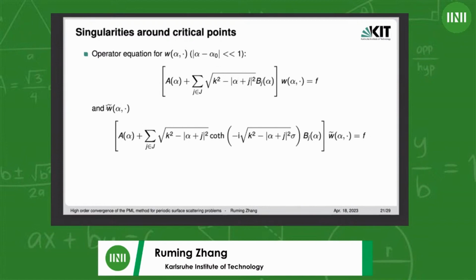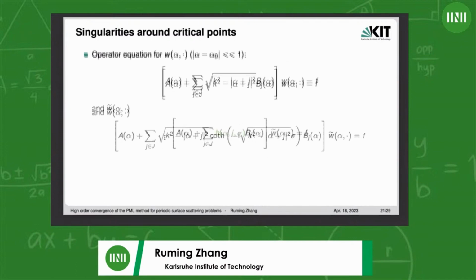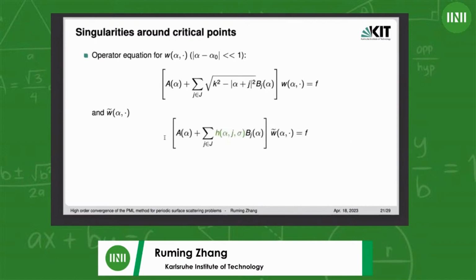And W tilde comes from the PML solution, so it has this hyperbolic cotangent term. So you have to compare these two terms. For simplicity, we rewrite this quite long term as H alpha G sigma.